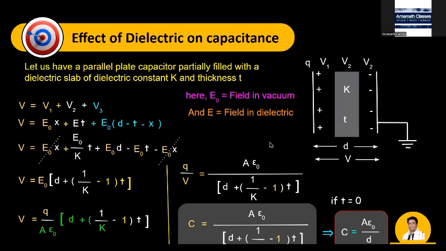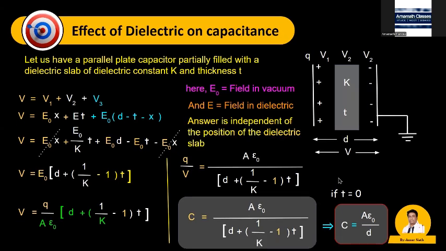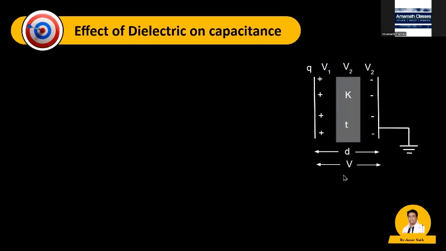So now let us discuss how the potential will vary from the left plate to right plate, okay, as we go, and how the electric field varies when we go from left plate to right plate.